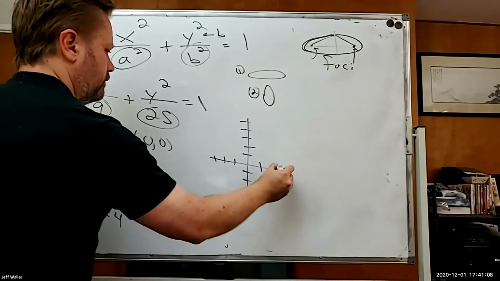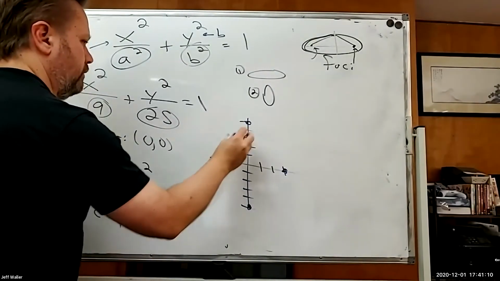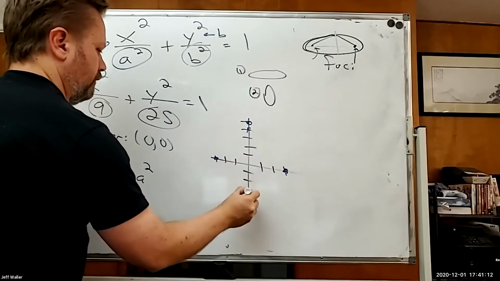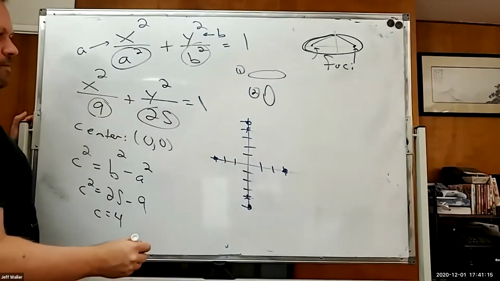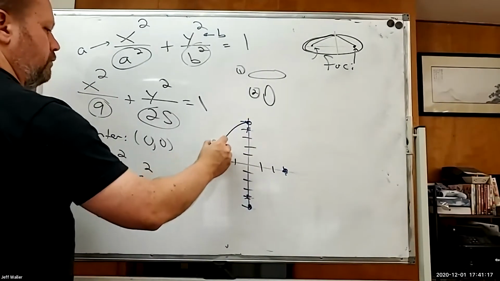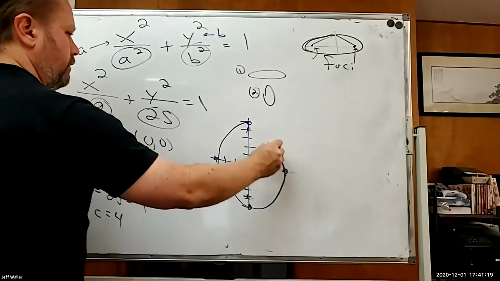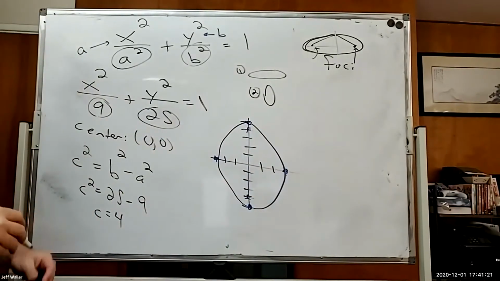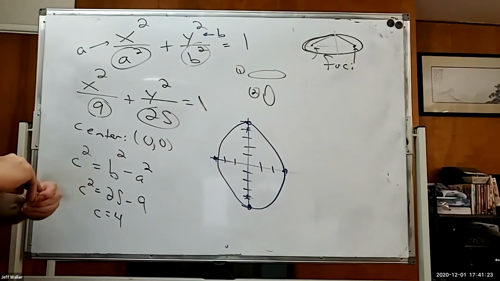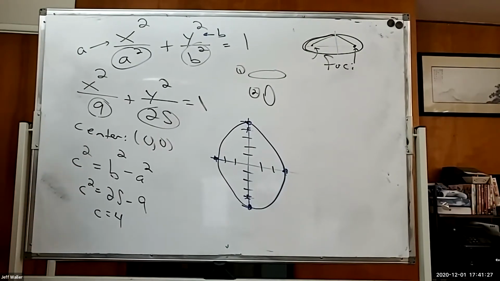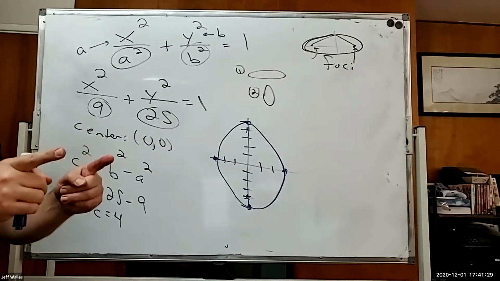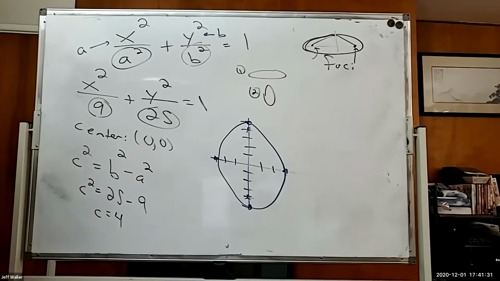Bam. That's a point. That's a point. That's a point. That's a point. That's a focus, and that's a focus. And then you connect them, and you hope that it looks sort of like a football. Sure, that works. It's like the football that the Patriots used. Ah, yes. Okay.